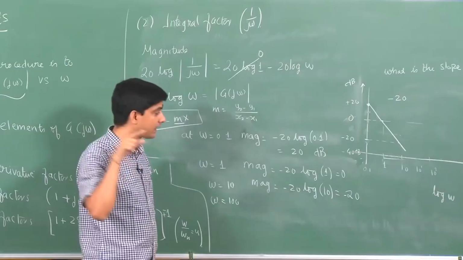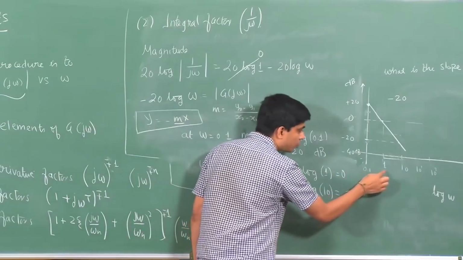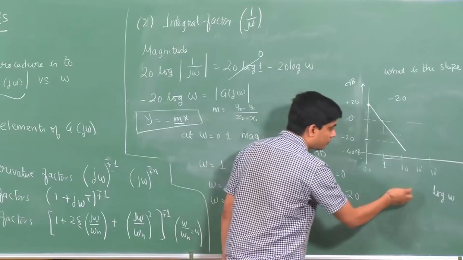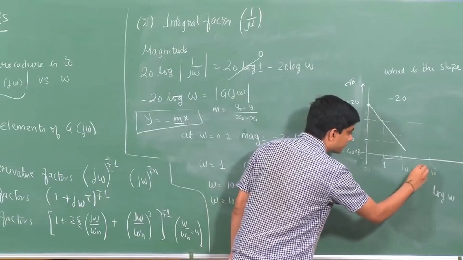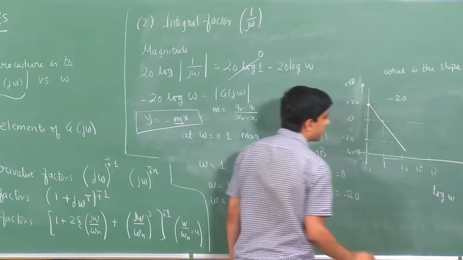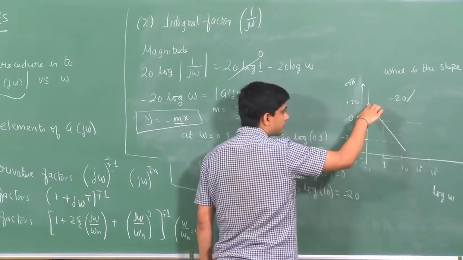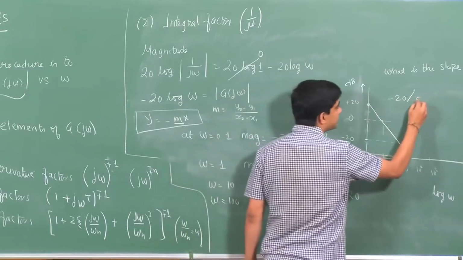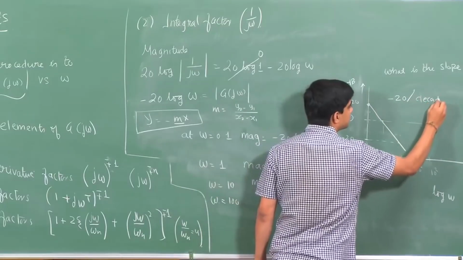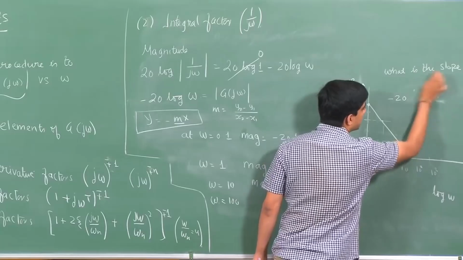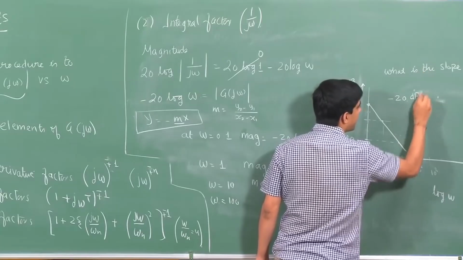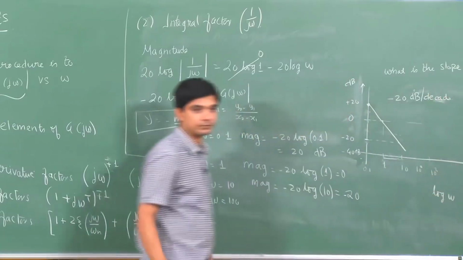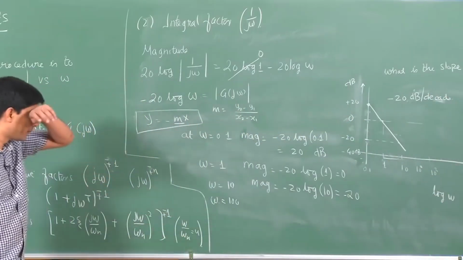What is in the horizontal axis? From 0.1 to 1, or 1 to 10, or 10 to 100, there will be 10 power 2, 10 power 3. So, this falls at a rate of minus 20 decibels per decade. This is how we will measure the slope here.